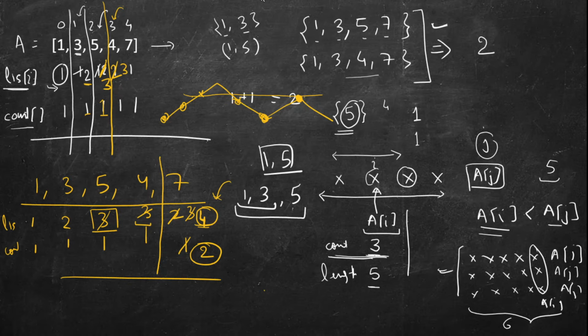So there can be multiple numbers ending at which we will get the same length. So we will scan this list again from left to right and we keep track of the maximum LIS, longest increasing subsequence, and we see which values match with this. So we add all those counts. So this is one last thing that we need to do.